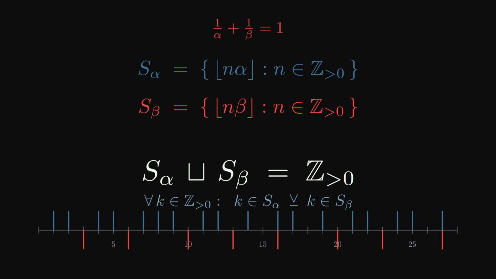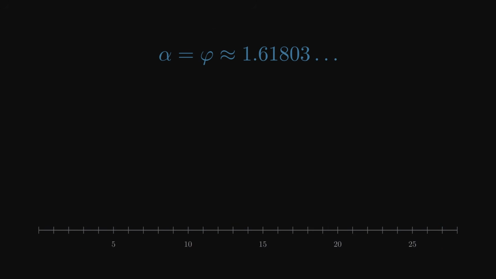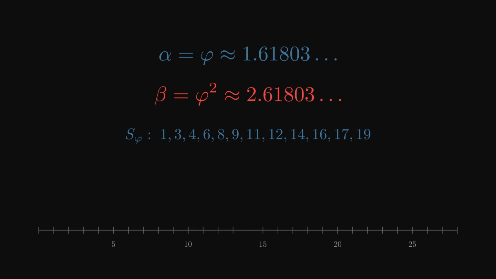The partition is precise. For example, take alpha equals the golden ratio, 1.61803, then beta equals the golden ratio squared, 2.61803. S sub alpha for the golden ratio is 1, 3, 4, 6, 8, 9, 11, 12, 14, 16, 17, 19.